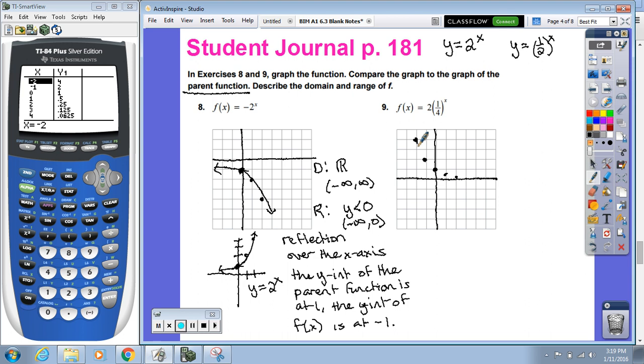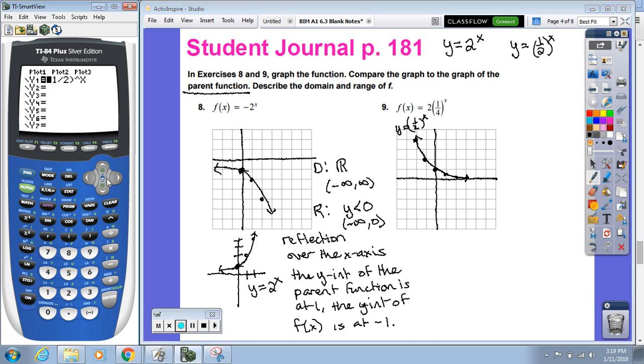And it's going to get closer and closer and closer to the x-axis, but it's never actually going to touch it or cross it. If you scroll down your table, you'll see these numbers get smaller and smaller and closer to 0, but they will never be exactly 0. So now, that's our parent function. That's y equals (1/2) to the x. Notice that it's curving down, where this one curved up.